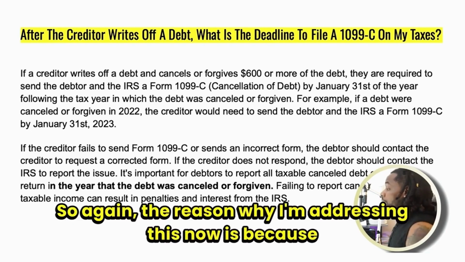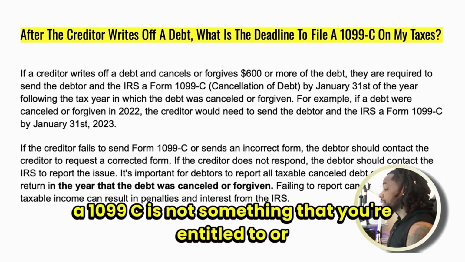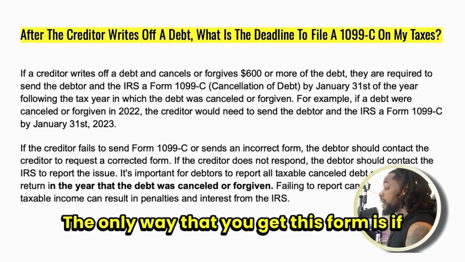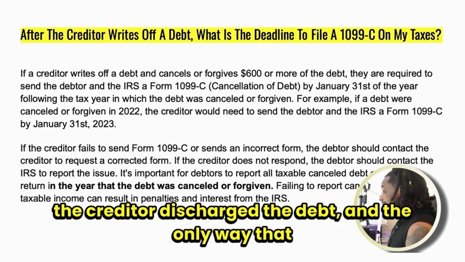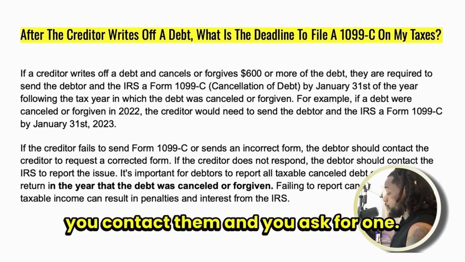So again, the reason why I'm addressing this now is because a 1099-C is not something that you're entitled to or that you can ask for and expect to receive. The only way that you get this form is if the creditor discharged the debt. And the only way that you'll know that is if you receive one or if you contact them and you ask for one.